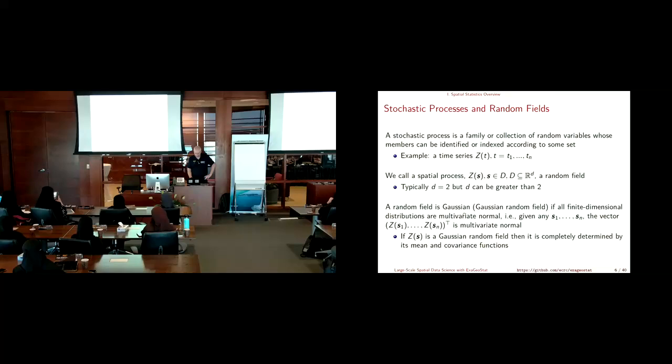Such a field is Gaussian if all the finite dimensional distributions are multivariate normal. This means that if you're given any set of locations S1 to Sn, and you observe your random field at these n locations, you put them in a vector, this vector should have a Gaussian, that is multivariate normal, distribution.